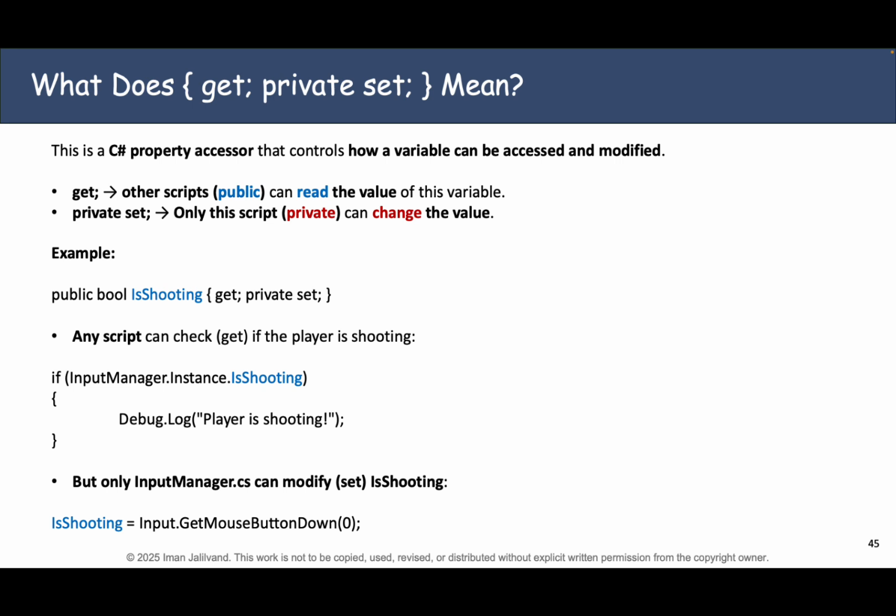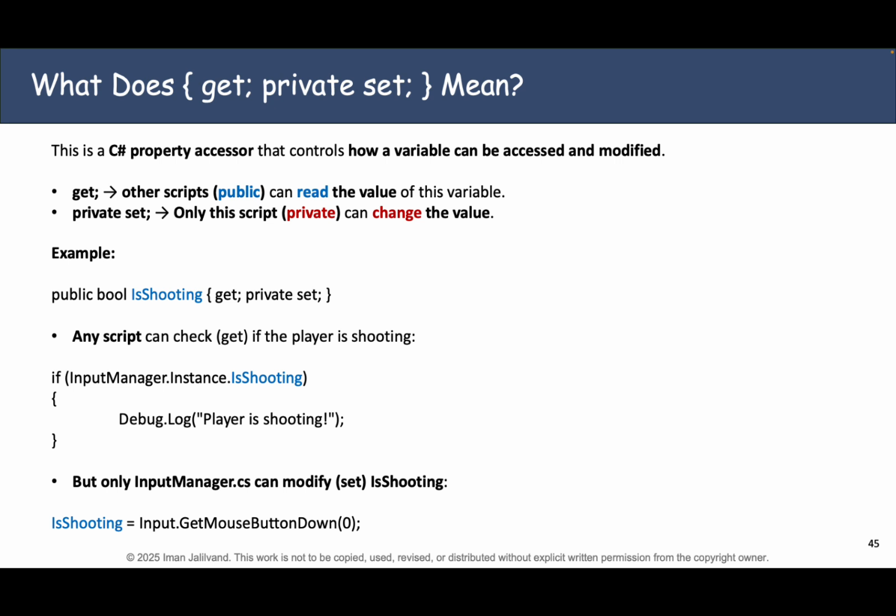If you don't have the privilege to edit the document, you're going to get a pop-up warning saying that it's read-only and you cannot do any edits. That's pretty much doing the same thing here. So with get functionality, you're allowing other scripts within your game to read this script and have access to it. But with private set, the second part, the modification is private only to the Input Manager or any script that you are implementing this within.